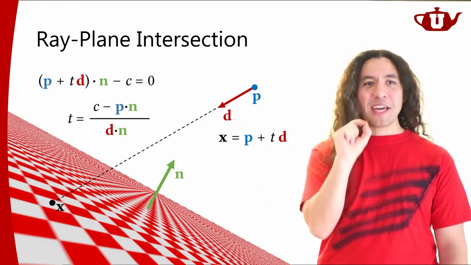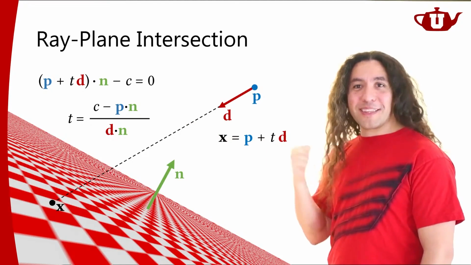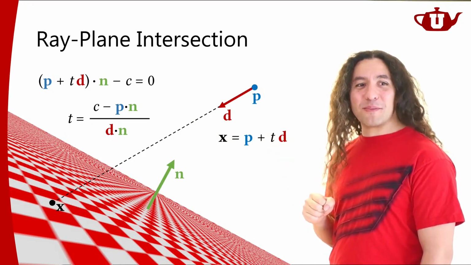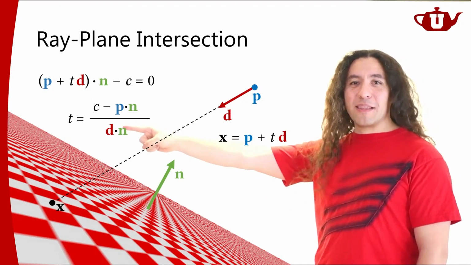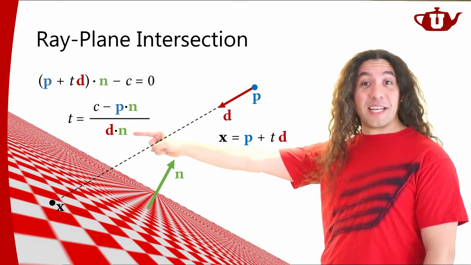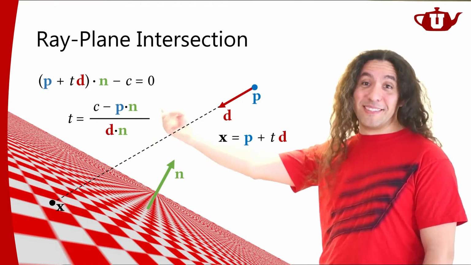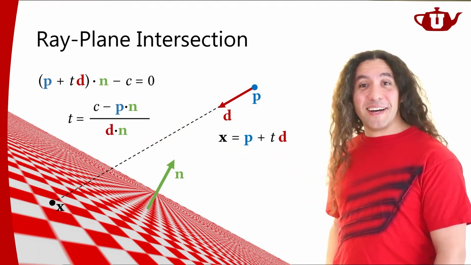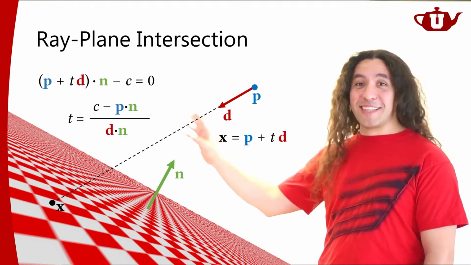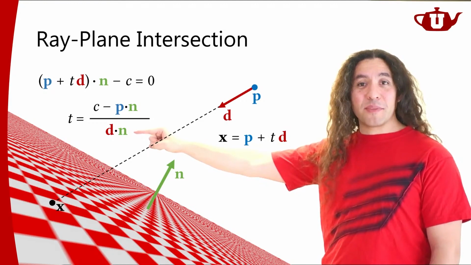There's a very specific case where the ray will not be intersecting with the plane. That is when this denominator is 0. If this is 0, then t is going to be infinity, so that's not going to fly. That means my ray is not intersecting with the plane.